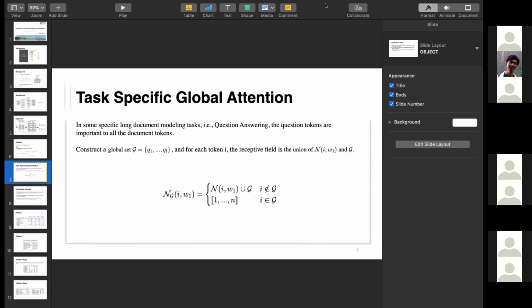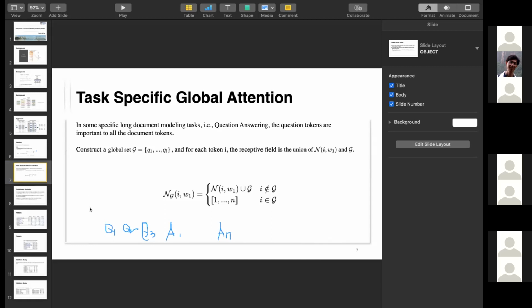For example, we have Q1, Q2, Q3, and we will have A1 to AA. They constructed the problem setting like this.